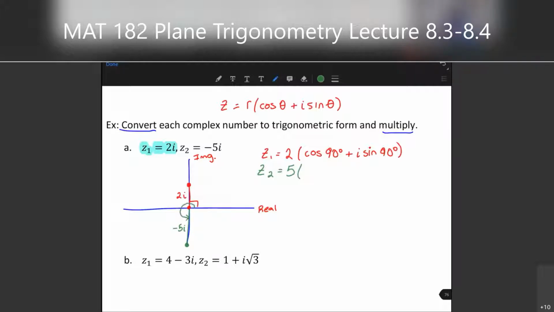What's that angle that wraps around to that green vector? Yep, 270. Excellent. So that's a 270. So cosine 270 plus i sine 270. Excellent.